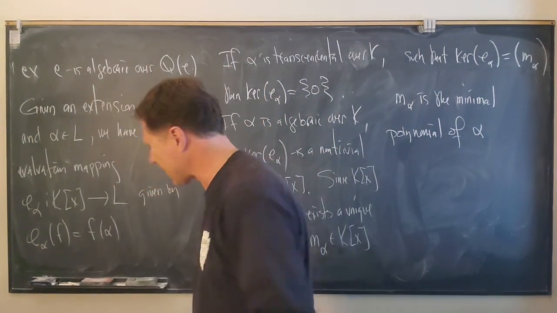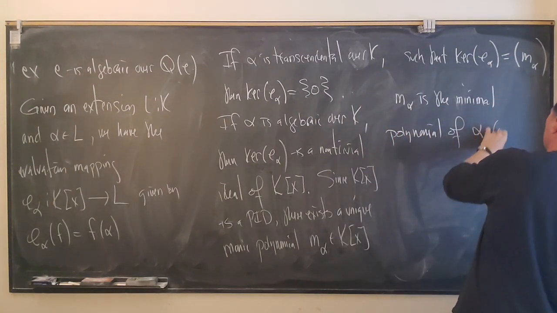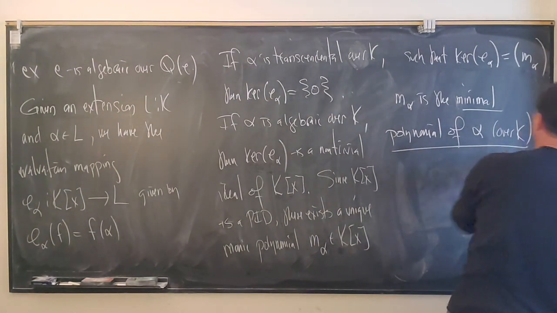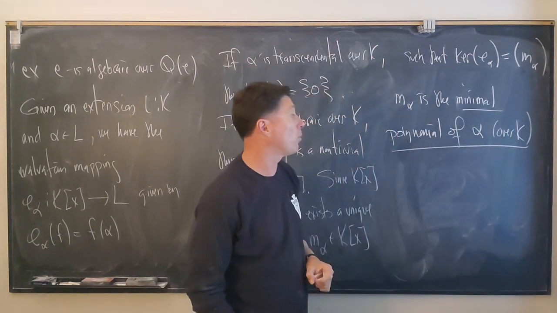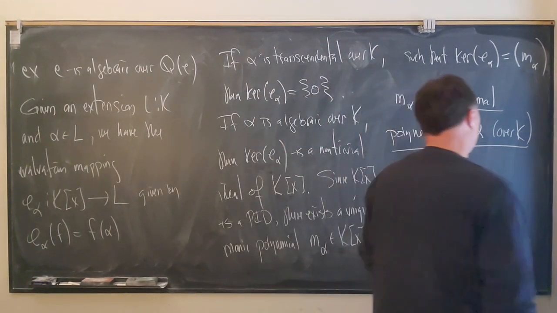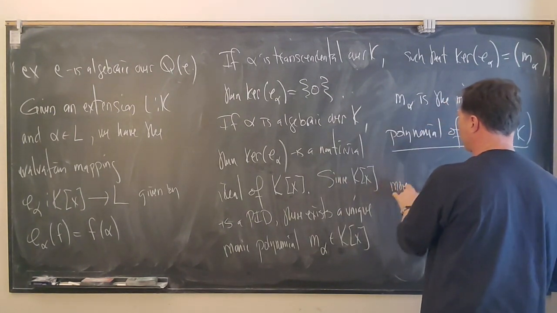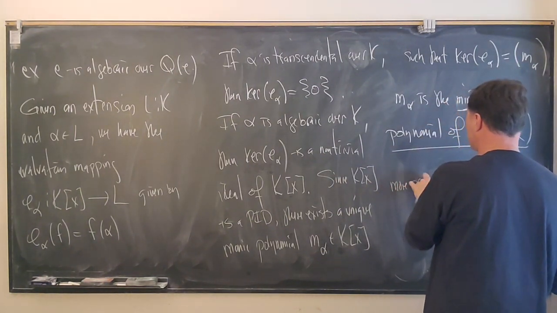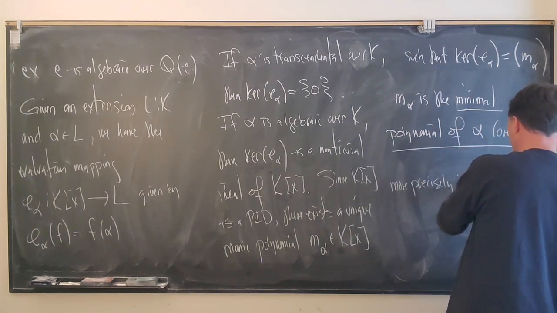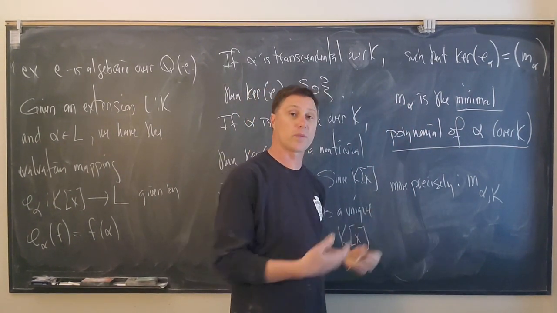Technically, I should say, in fact I'll write it down, the minimal polynomial of alpha over K. Oftentimes, if no confusion arises, we're just going to say the words minimal polynomial of alpha. But there will be times when, to be precise, we really should specify that it's over K. So every once in a while we may need to be more precise, in which case we might write M sub alpha comma K, the minimal polynomial of alpha with respect to K.